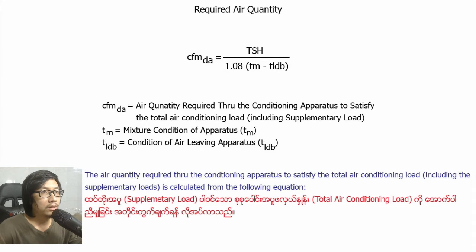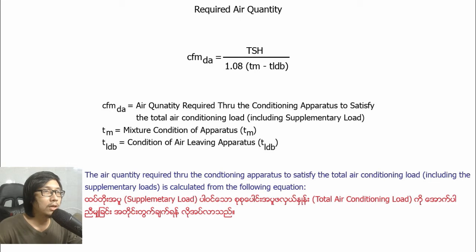The air quantity required through the conditioning apparatus to satisfy the total air conditioning load, including the supplementary load, is calculated from the following equation. CFM DA equals TSH divided by 1.08 times (TM minus TLDB).